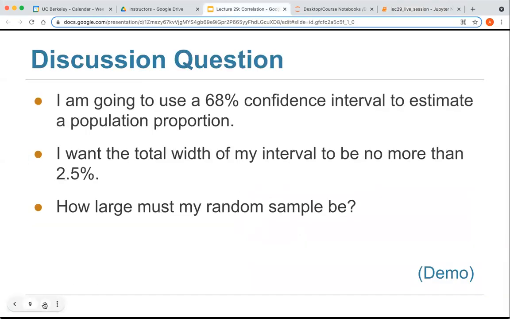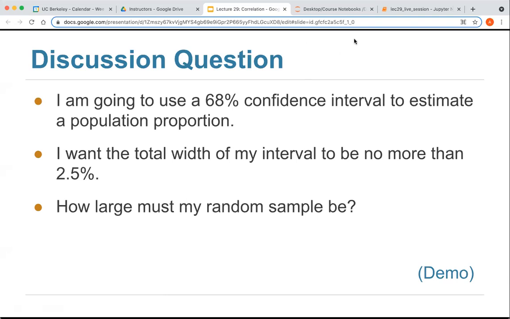Okay, quickly now. We've been doing 95%, 95%, 95%, 68% confidence. What's the difference? One SD above and below, right? One SD above and below. So the total width of the interval is how much? The total width of the interval is 2 SD.